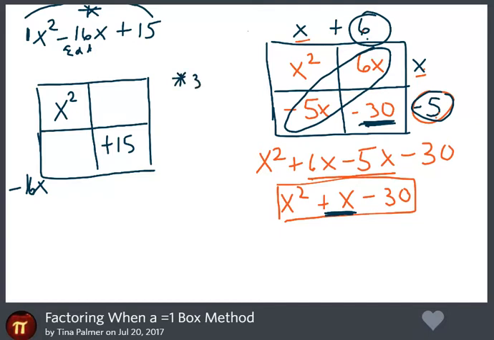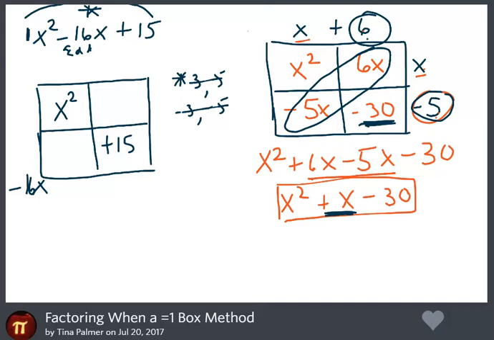Well, I know that 3 and 5 multiply to be 15, but I also know that negative 3 and negative 5 do. But if I add 3 and 5, I get 8, and if I add negative 3 and negative 5, I get negative 8, so those aren't particularly helpful, so I'll just keep on going. What other things multiply to be 15?